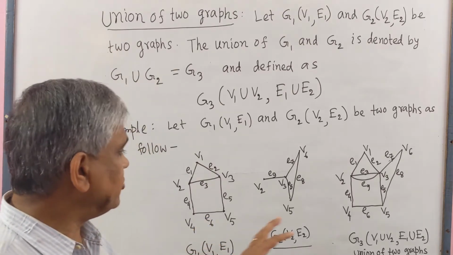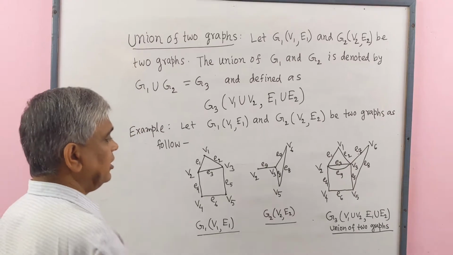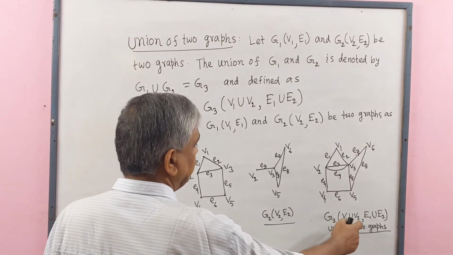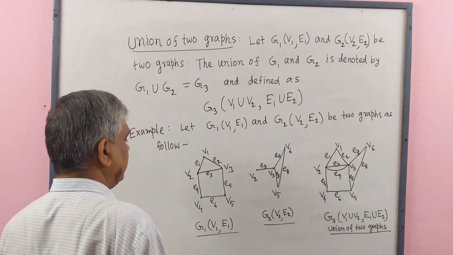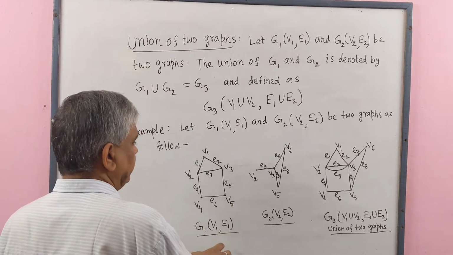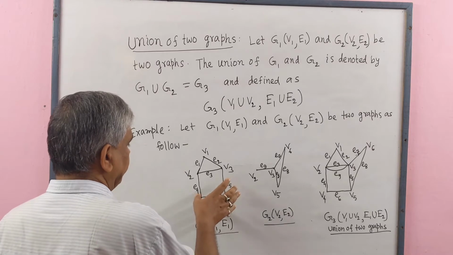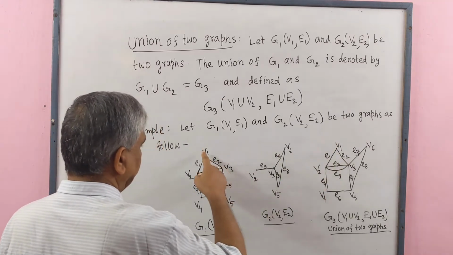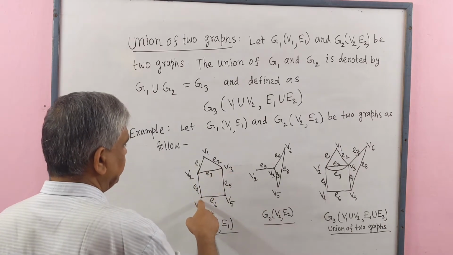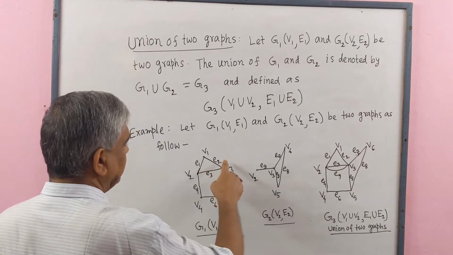Their union is G3. G3 equals V1 union V2, comma, E1 union E2. Here in union, first we draw the first graph, this V1, V2, V3, V4, V5 and respective edges.